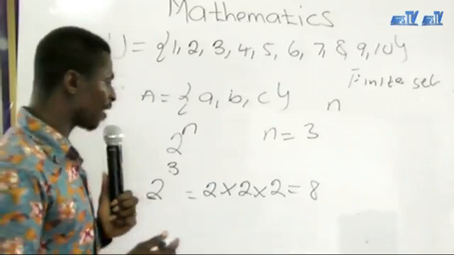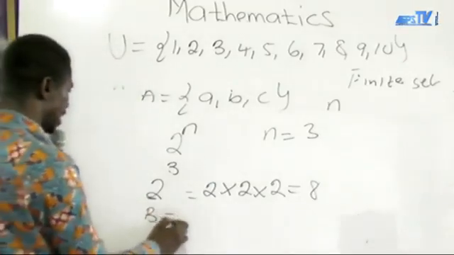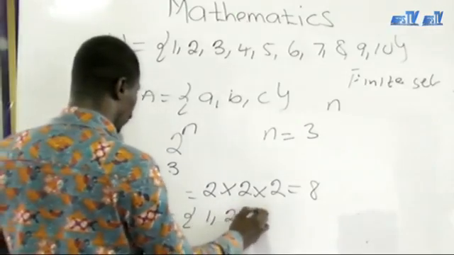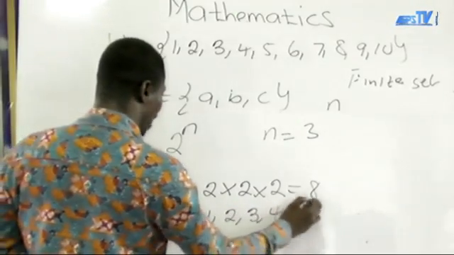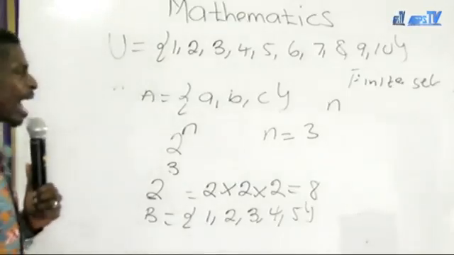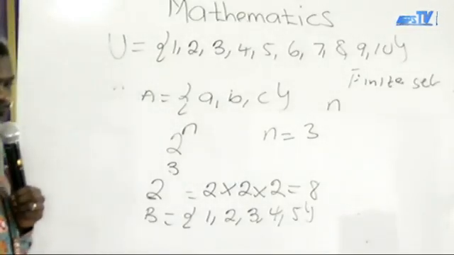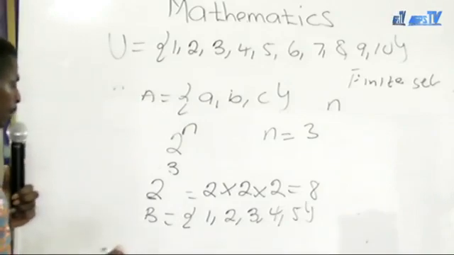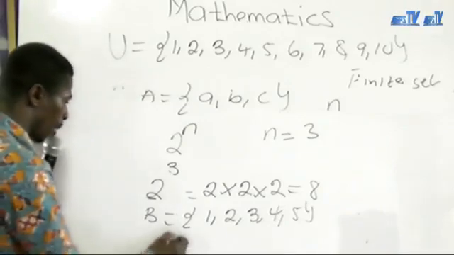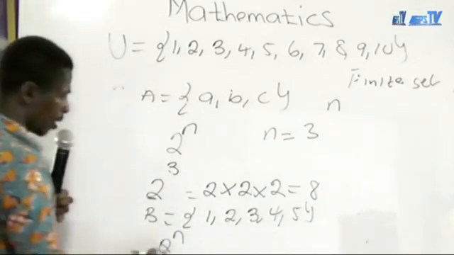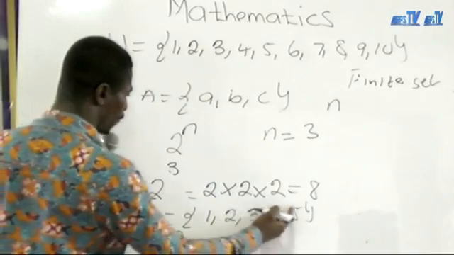And finally, if I have set B, with members 1, 2, 3, 4, and 5, and then you are asked to find how many subsets we can form from this set, we simply again have 2 power n. So we count n to be the number of members. So we have 1, 2, 3, 4, 5.